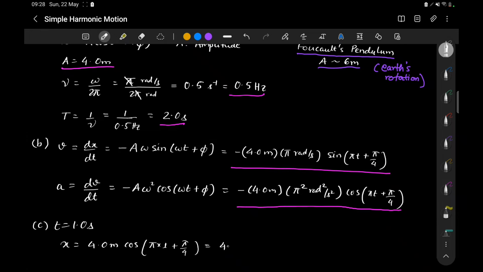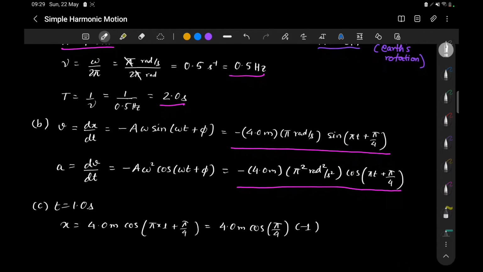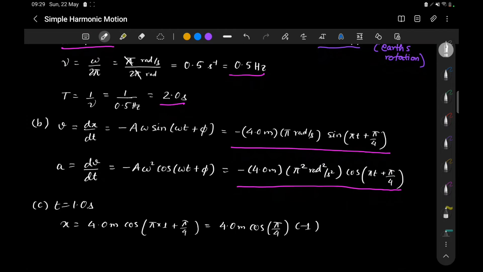This is 4 meter into cosine, pi plus pi by 4, which is equal to minus cos pi by 4. So this is nothing but minus 4.0 meters times cos pi by 4, and cos pi by 4 is 1 over root 2.